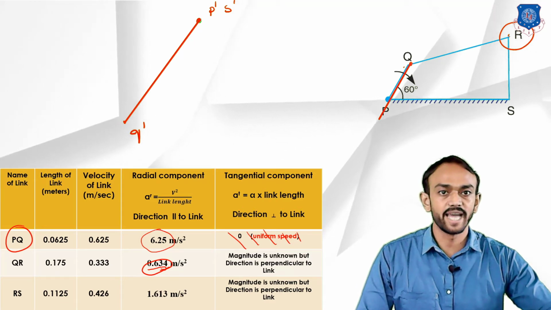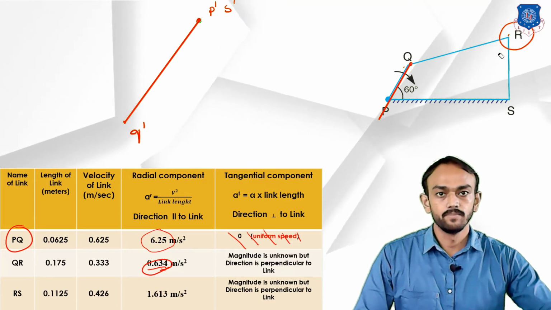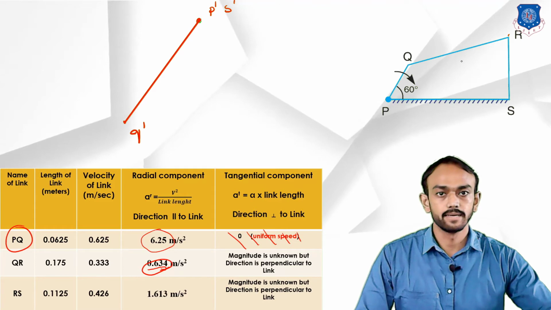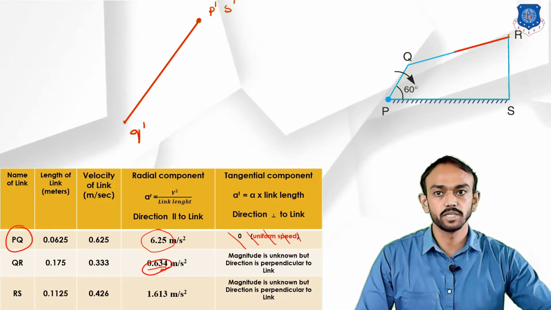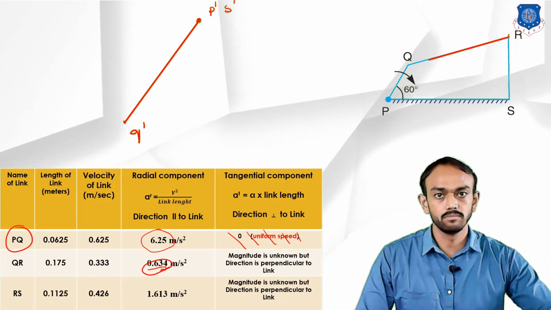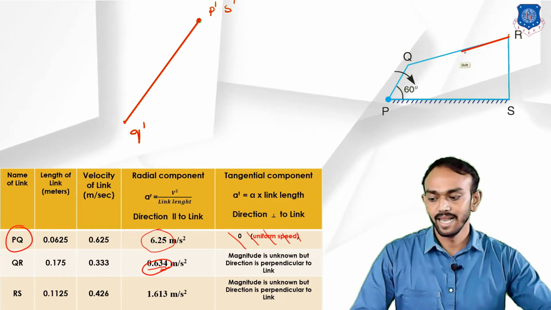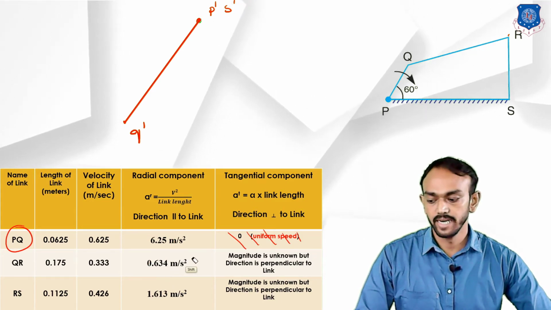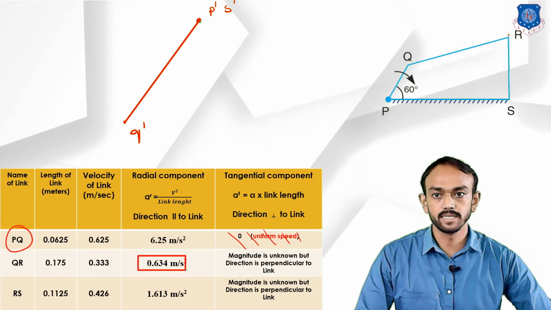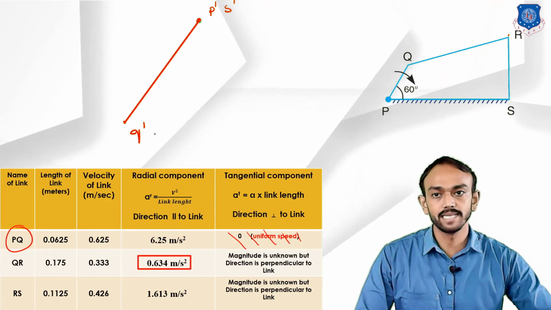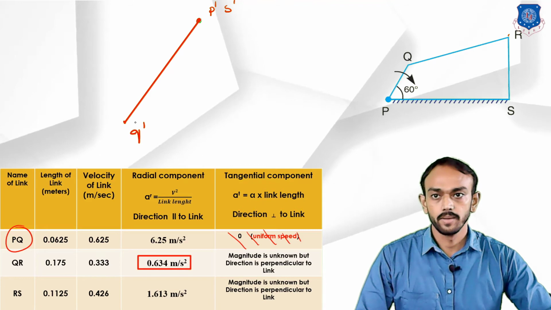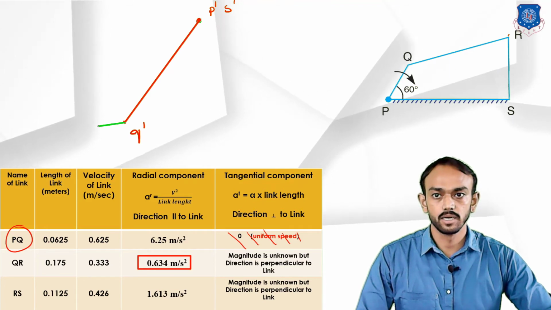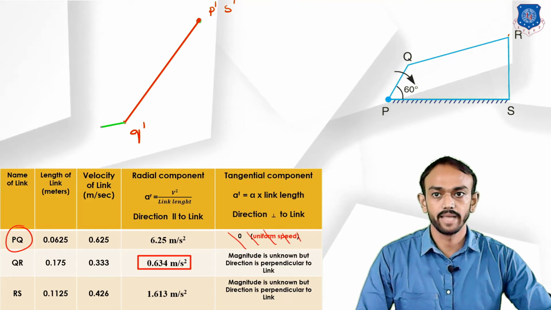As you know, the direction will be parallel to the link, so it will be in this direction. But this length totally depends upon the radial component, 0.634, so it will be very small, like here you can see this is the radial component.